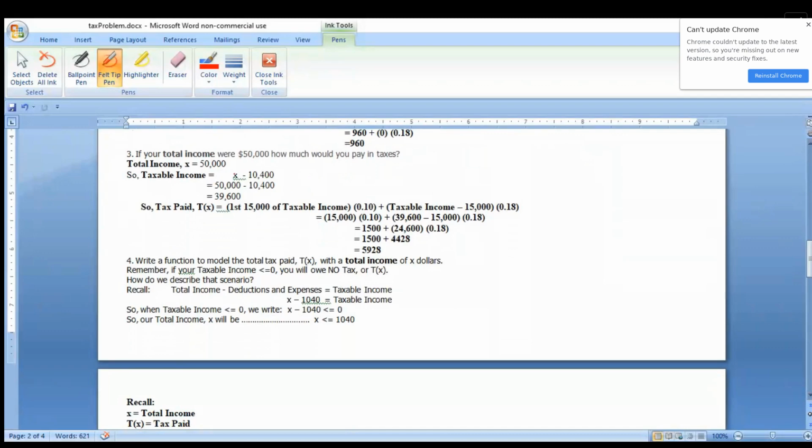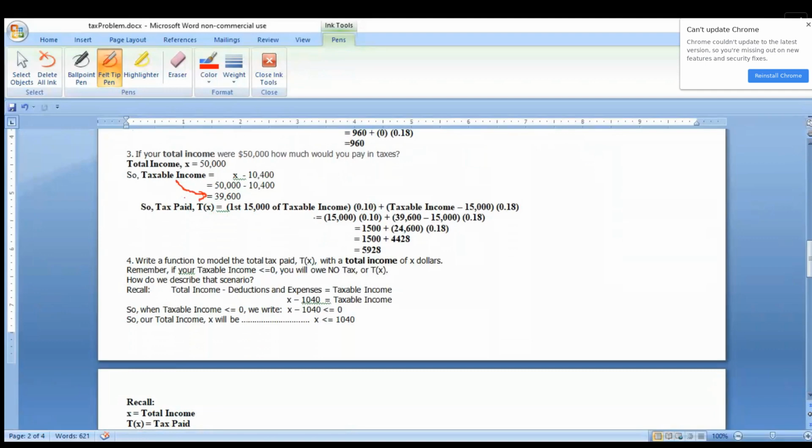50,000 is our total. 50,000 minus our perks leaves us with a taxable income of 39,600. So the tax paid is the first 15,000 of this taxable income times 10%. The first 15,000 is 15,000, so 15,000 times 10% is 1,500.